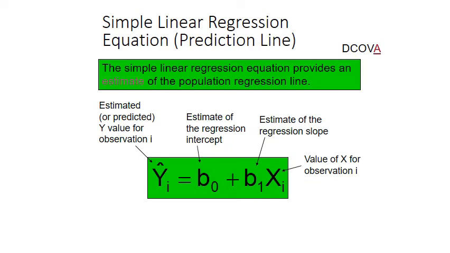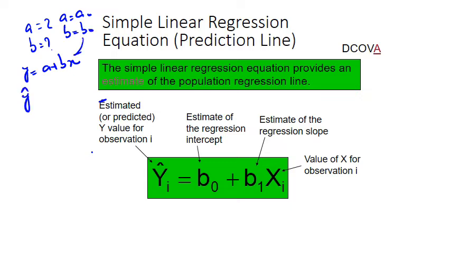So when we know a and b, after calculating a and b, we substitute them back into this equation a plus bx. For example, whatever a you get, a naught, and b naught, you substitute them into this equation, then we denote it y hat equals a naught plus b naught x.